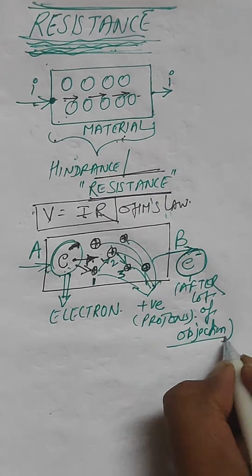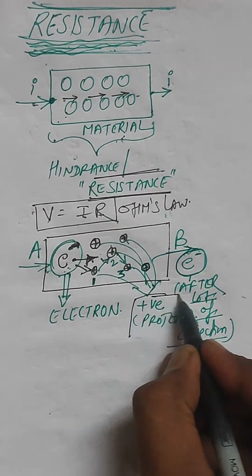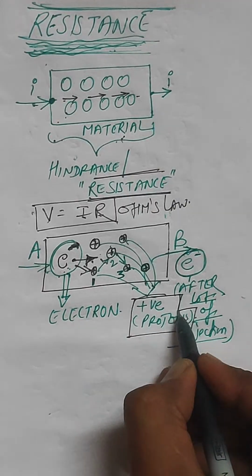Who created the objections? The lot of objections were created by these positive ions, which are called protons, right?